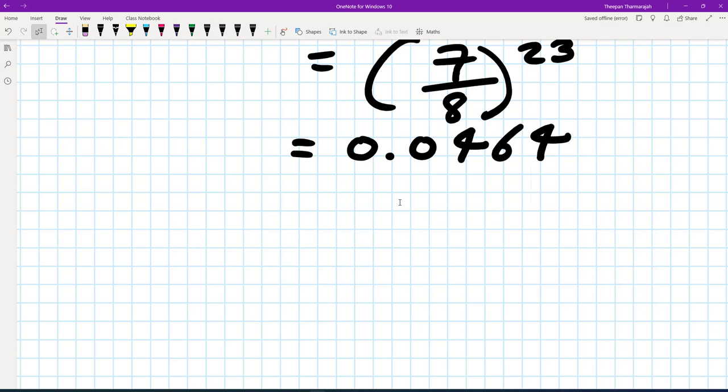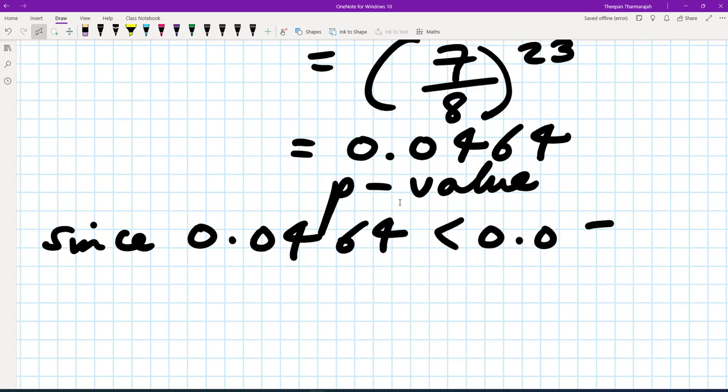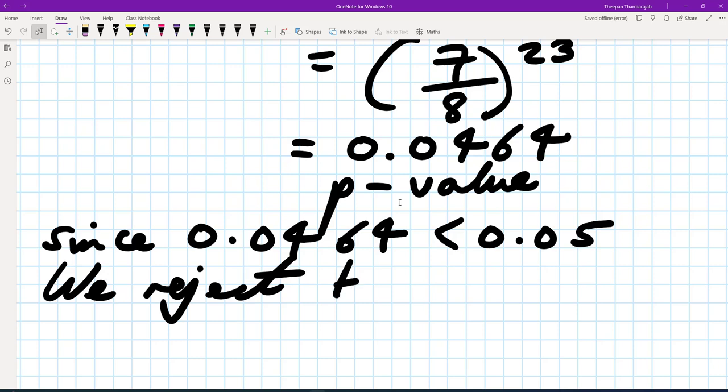0.0464. And this is known as the p-value. Okay, so I'm just going to write that down here. So we refer to this as the p-value. So we say, since our p-value 0.0464 is strictly less than 0.05, we say we reject H0 at the 5% level of significance.